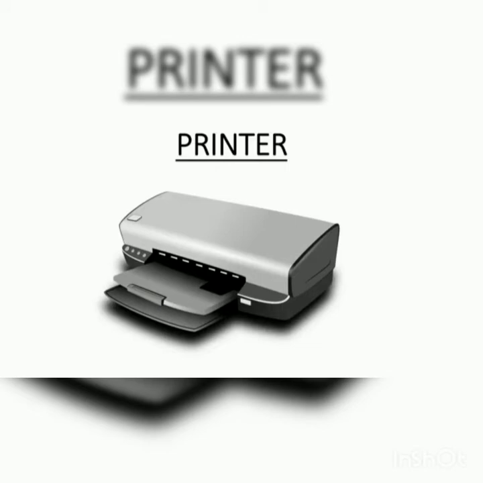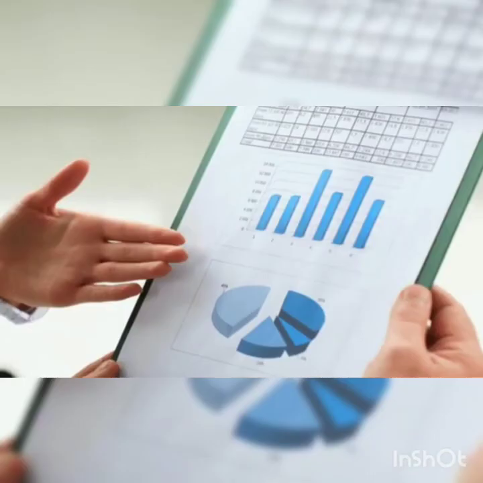Printer. It is used to print text or pictures on paper. It can print both in black and white or color. A printed copy on the paper is called a hard copy.